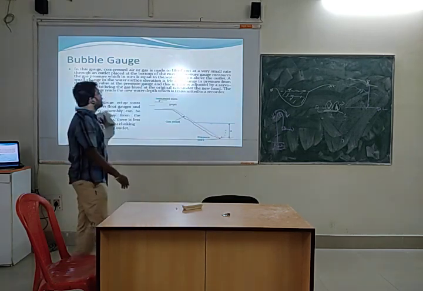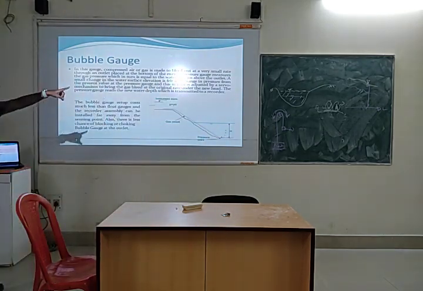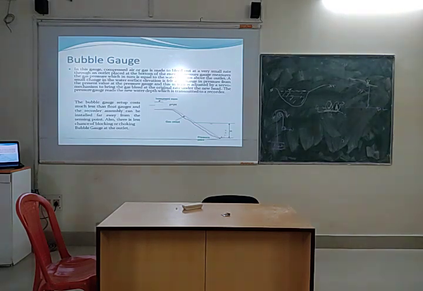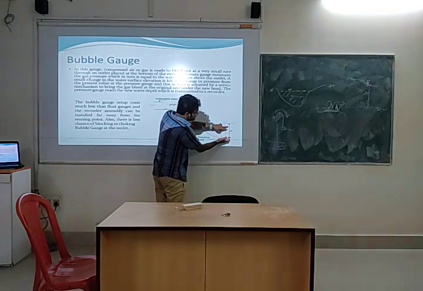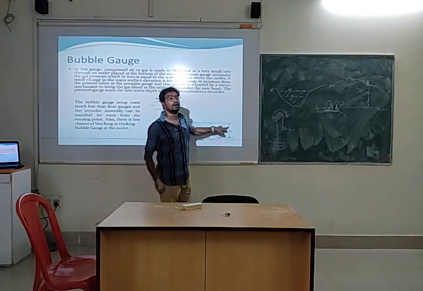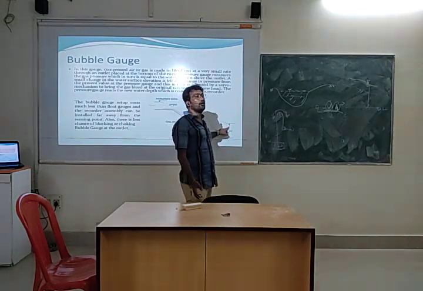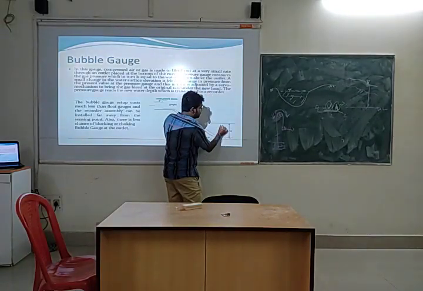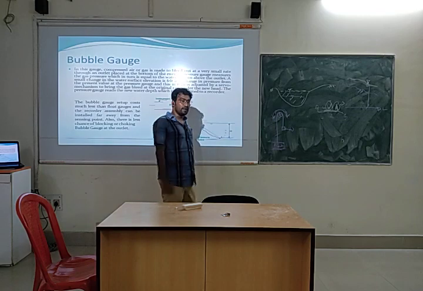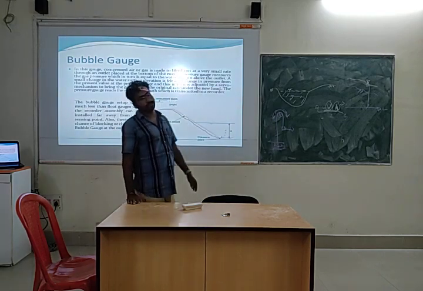Clear? Now, what will happen? A small change in the water surface elevation, suppose it is falling or rising. Obviously, the weight of this column will be increased or decreased.